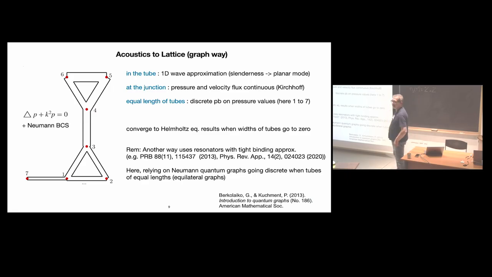But we will see that it works well even with a network looking like this. In the language of graphs, it is an equilateral graph that allows us to go to a discrete equation. This is a nice book I recommend for an introduction to that type of subject.